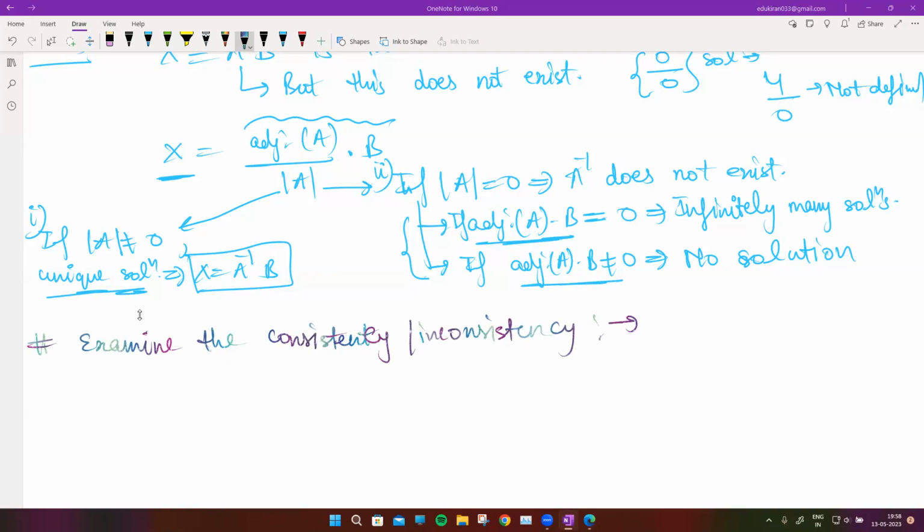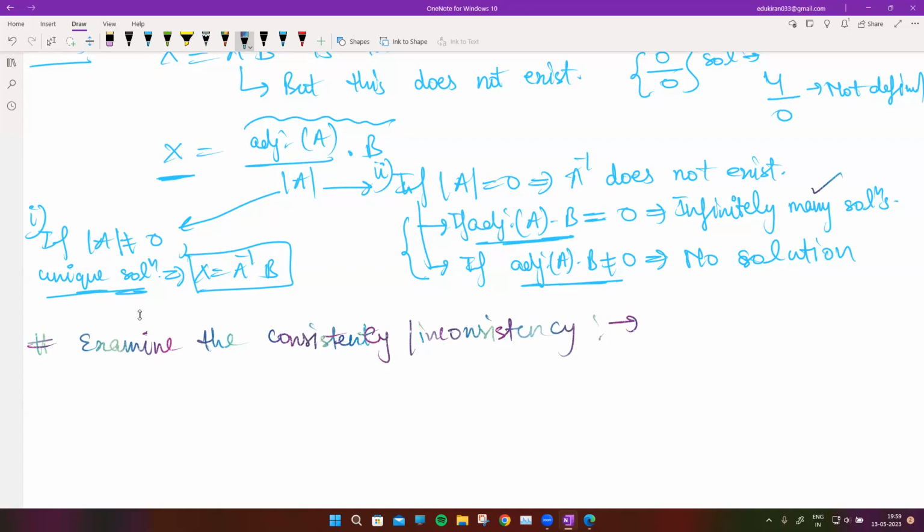What do we call this system when we get a unique solution? Consistent, right? And what is this case? Infinitely many solutions. Consistent or inconsistent? Consistent, right? And the third one is inconsistent.